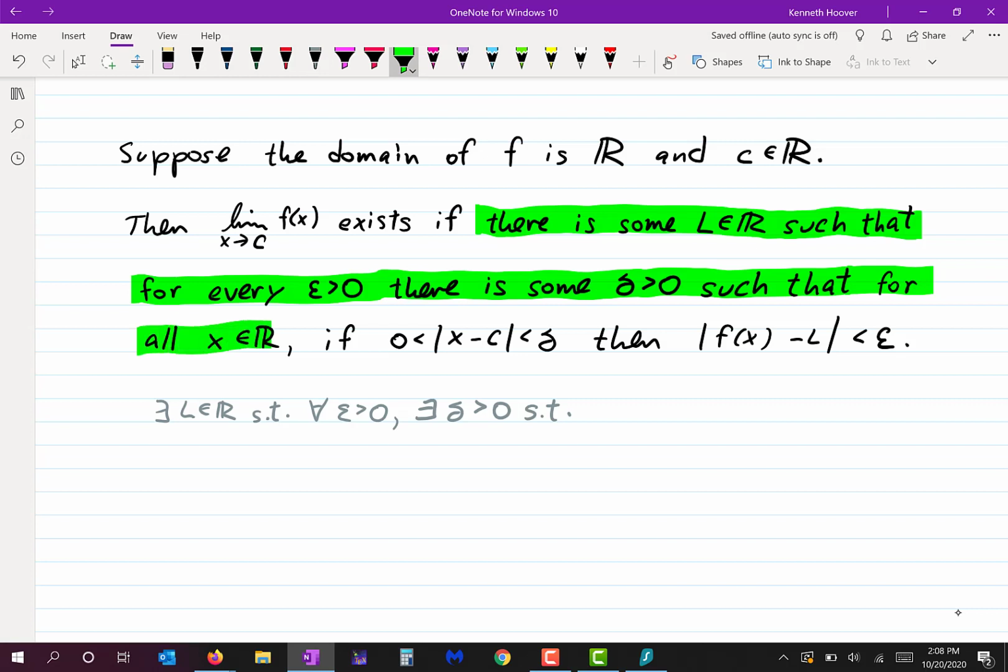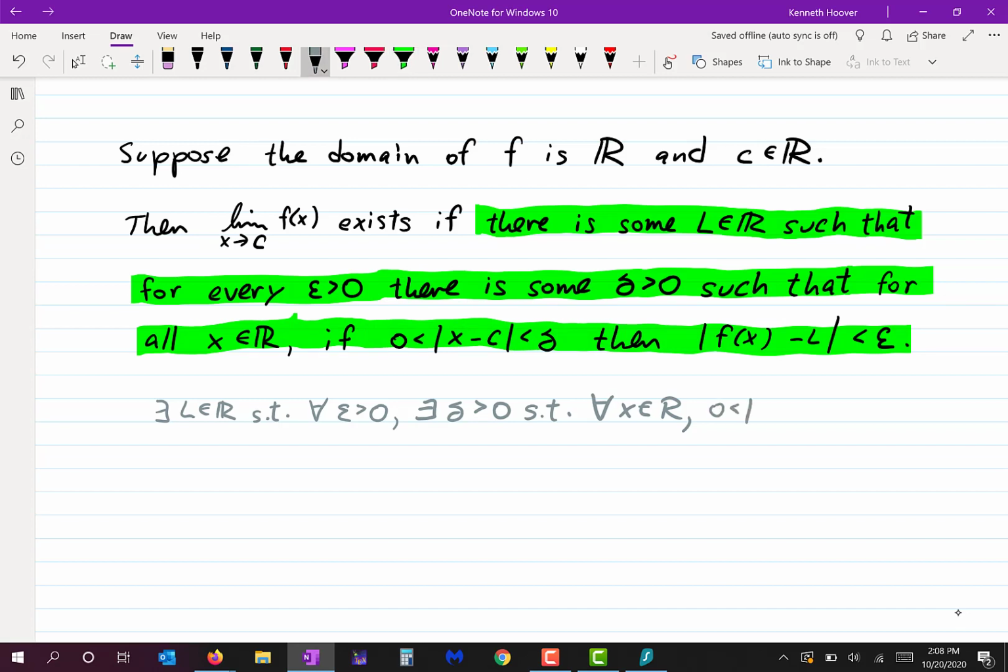For all x in R, comma. If this, then that. So this implies that.